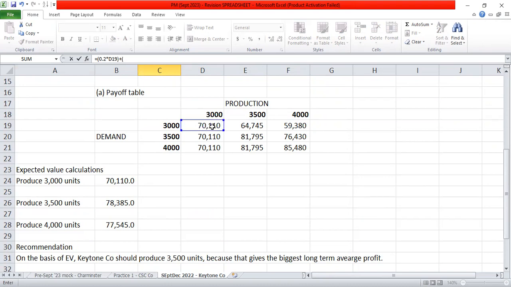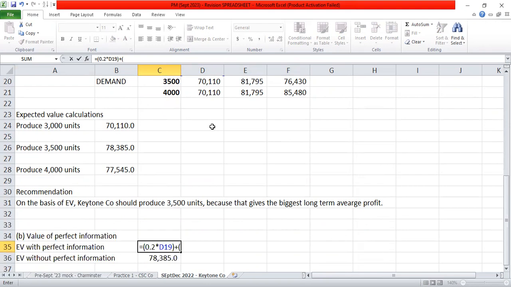plus, if it tells us demand is 3,500, looking along that line, 81,795 is more. So we also produce 3,500 and earn 81,795 times probability of 0.3, plus, or read the plus as or, if it tells us demand is 4,000, we'll go along the line of 85,480 and produce 4,000. 85,480 times 0.5.